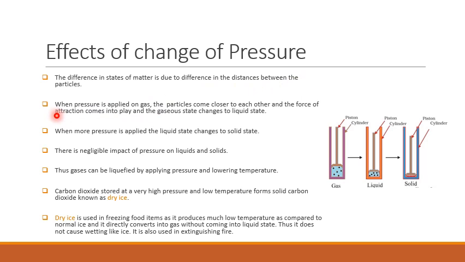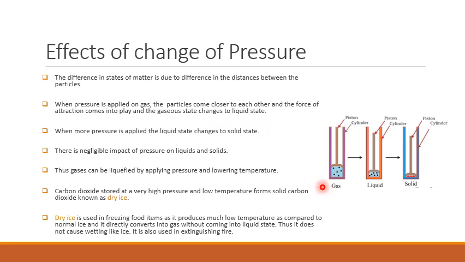So, when pressure is applied on gas, the particles come closer to each other, and the force of attraction thus comes into play, and the molecules are attracted toward each other, and hence the gaseous state changes to liquid state.